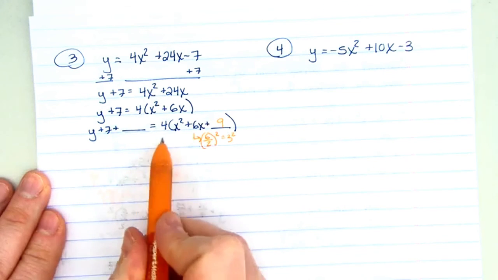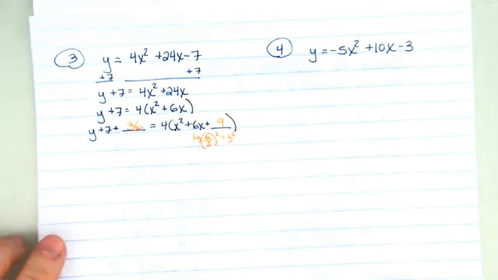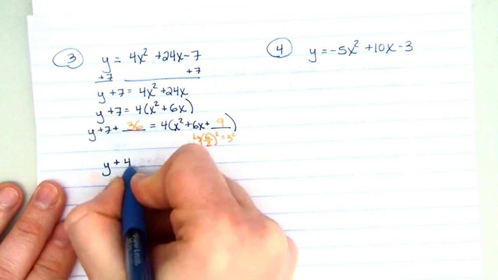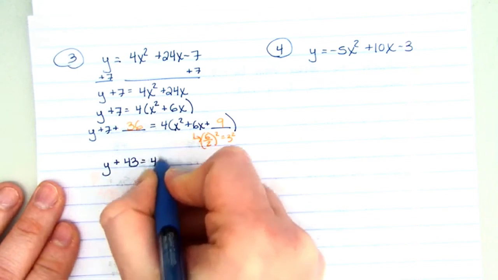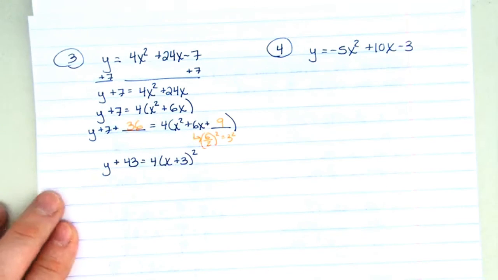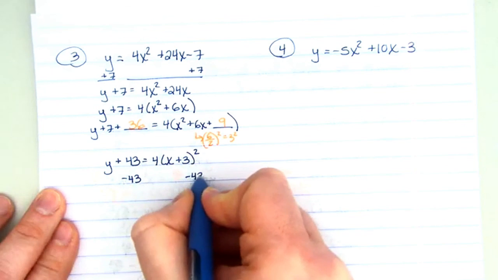Not doing the same on the other side. 4 times 9 is 36 because I need to balance it out. I'm then going to get y plus 43 equals 4 times x plus 3 in parentheses squared, minus 43, minus 43.